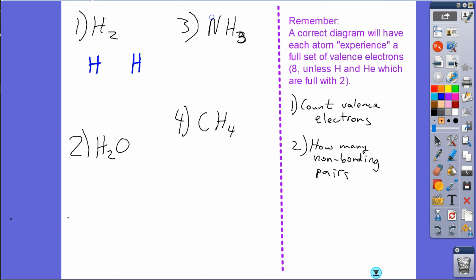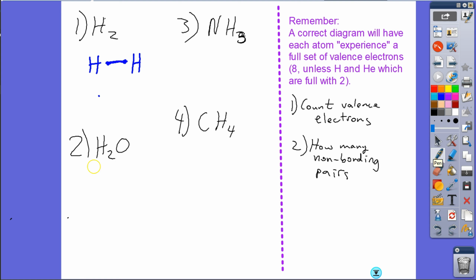So go back to this page. We just put a single dot, put a single dot. The only thing that can happen here is that these single electrons form 1 covalent bond. So now this hydrogen atom has 1, 2, it's happy. This hydrogen atom has 1, 2, it's happy. And this molecule is done. We've drawn it correctly. It's a pretty simple one.